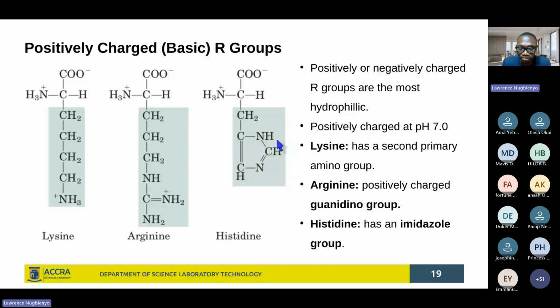Then it activates the enzyme, like the active center of the enzyme is charged, and then there can be an interaction between the enzyme and the substrate upon which the enzyme is acting.